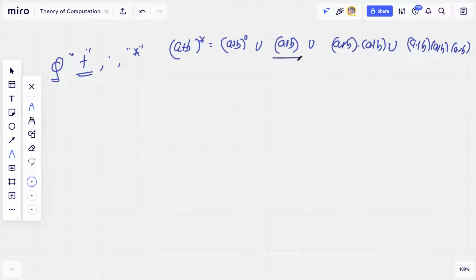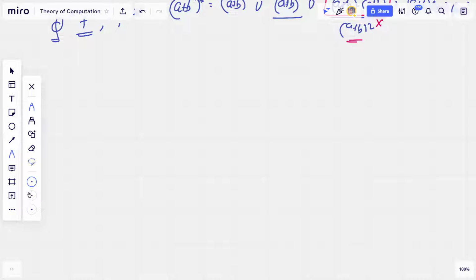Since I'm lazy, I write this as a plus b square, but you got the point, right? This is a regular expression. This is not. But I'm lazy, that's why I want to represent the regular expression in this notation. It will be clear. Okay, we are going to solve lots of questions.